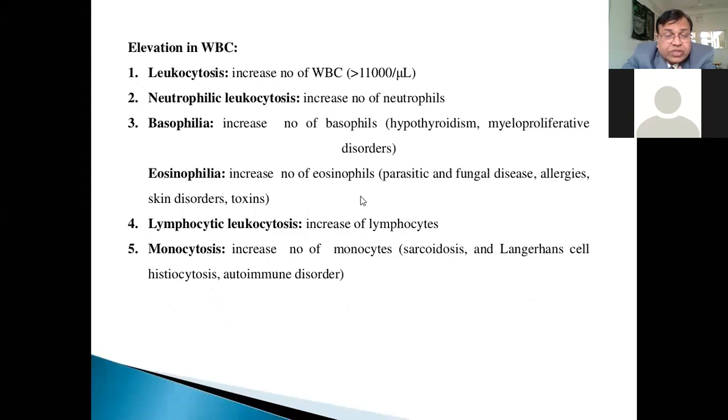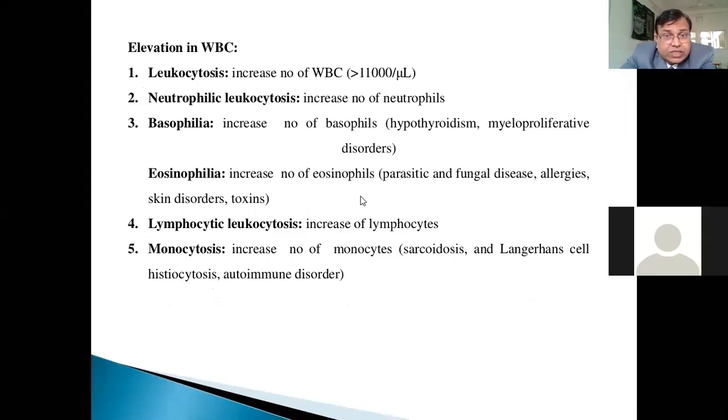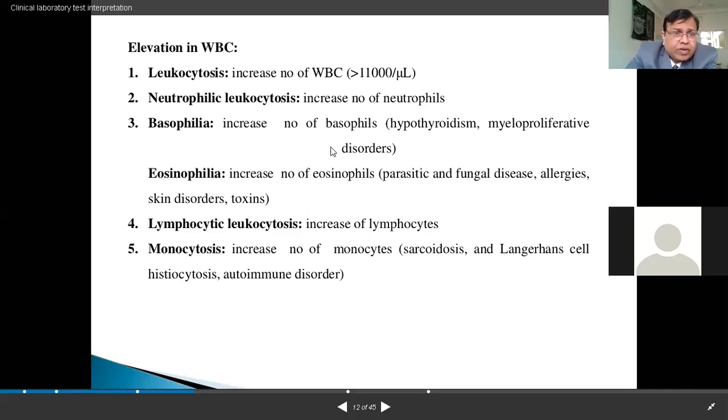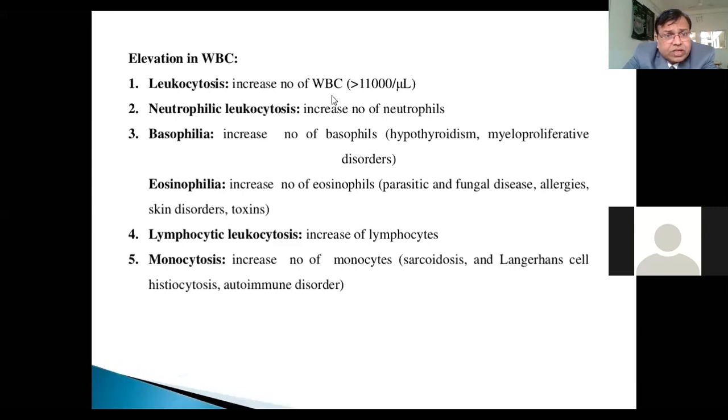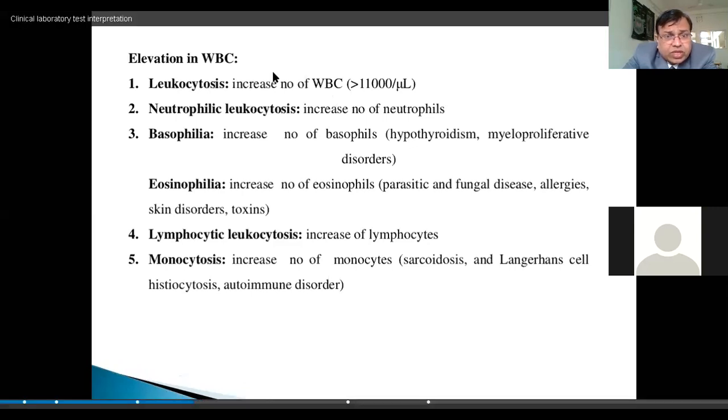Now, elevation of WBC: when leukocytes increase to more than 11,000 per microliter, in the case of a certain body infection, there is a chance of elevated WBC. Neutrophils increasing is called leukocytosis.